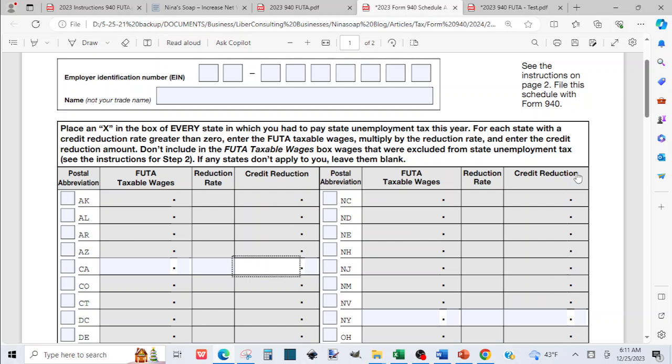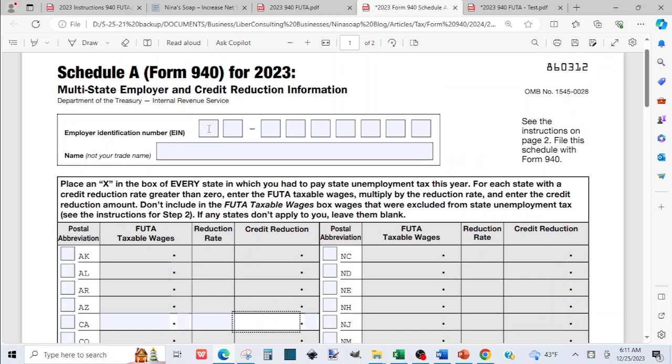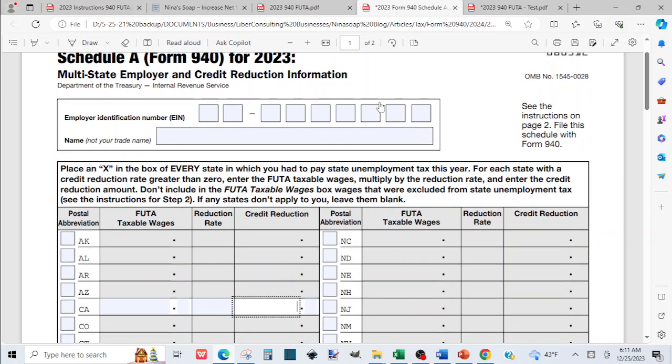Therefore, for the multiple states, you will complete the business identification number for your business and your business legal name, and then you check the states. Put an X in the box of every state in which you had to pay state unemployment tax this year.